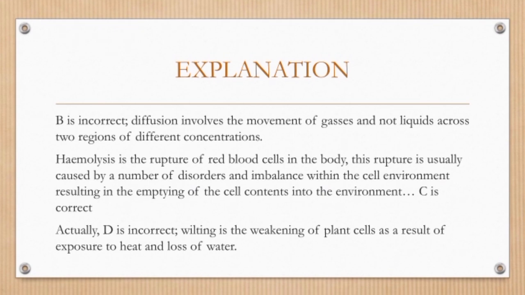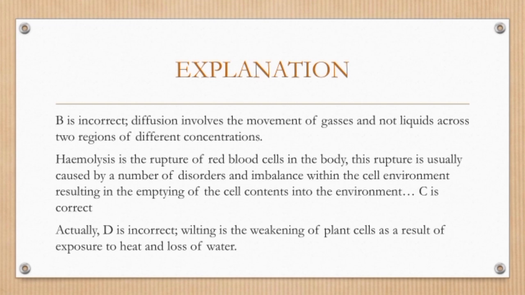Diffusion involves the movement of gas and not liquid across two regions of different concentration. So hemolysis is the answer. D is incorrect, as wetting is the weakening of plant cells as a result of exposure to heat and loss of water. So you can see why hemolysis is the right answer to this question.